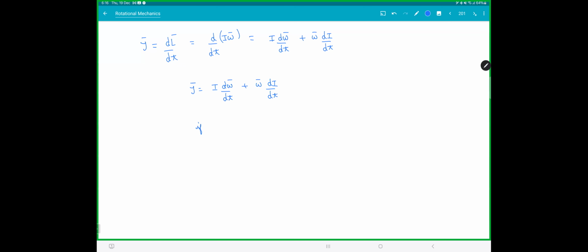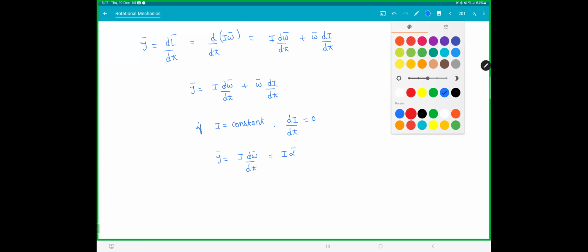Now here if I is constant, then dI by dt is 0. Then our formula becomes torque is equal to I d omega by dt. d omega by dt is nothing but alpha. Just like Newton's laws of motion, F is equal to ma is valid when mass is constant.